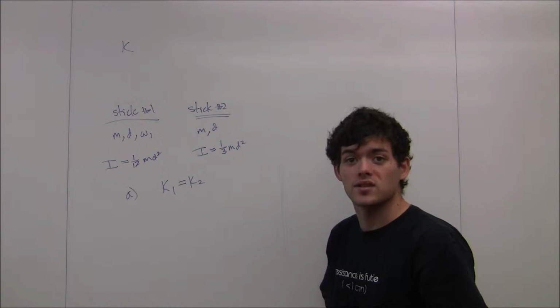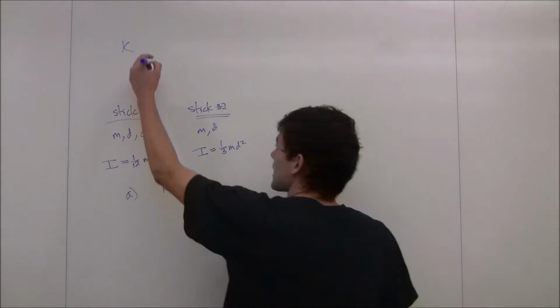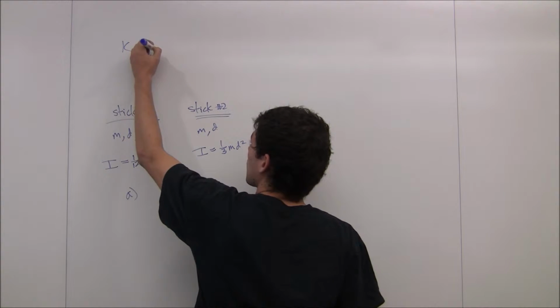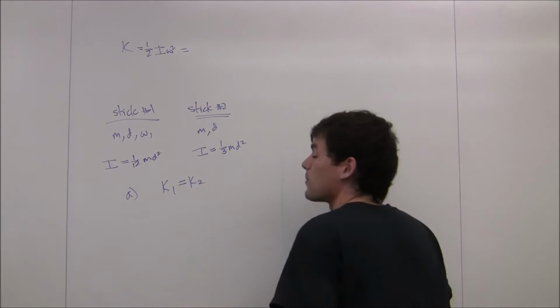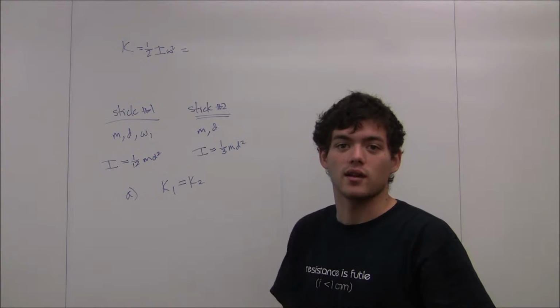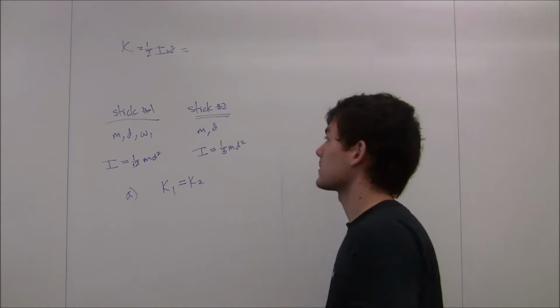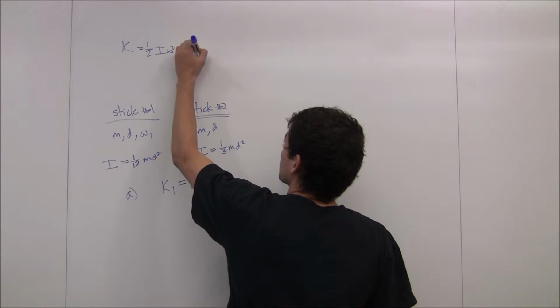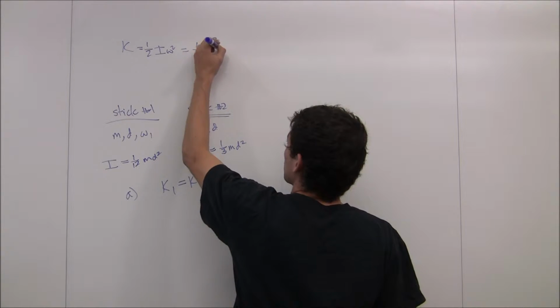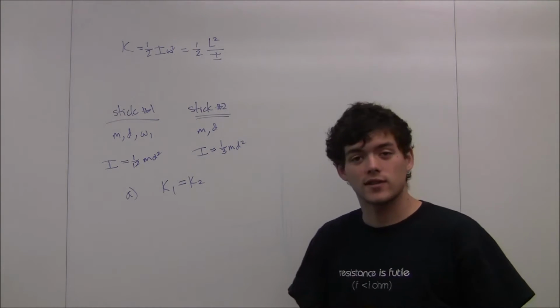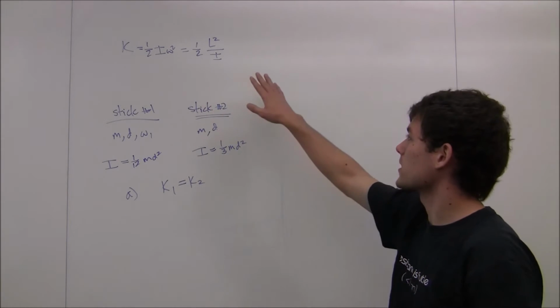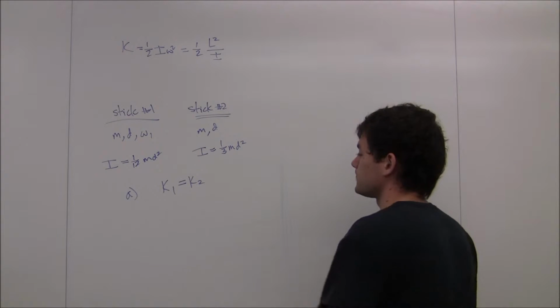It's something that you should know and keep in mind, but it's not the normal formula, which is 1 over 2 I omega squared. You can modify that a little bit by noting that angular momentum L is equal to I times omega. So you can use a slightly different formula, which is L squared over I for K. That's going to be slightly more convenient for this problem, so I'm just going to write it up there so that you can remember it.